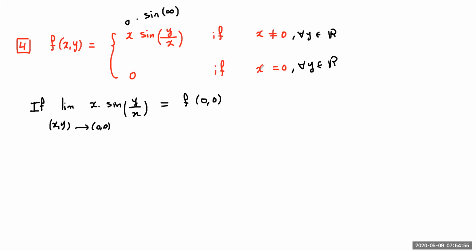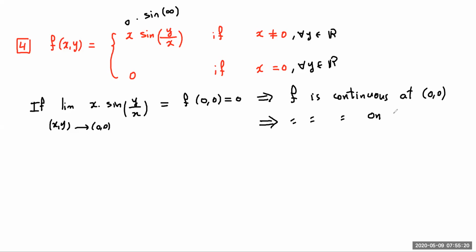If x equals 0, whatever y, the answer is 0. So this is 0. So if we can prove that this limit will be 0, then f will be continuous at the point (0, 0), then f is continuous on its domain, which is R^2.